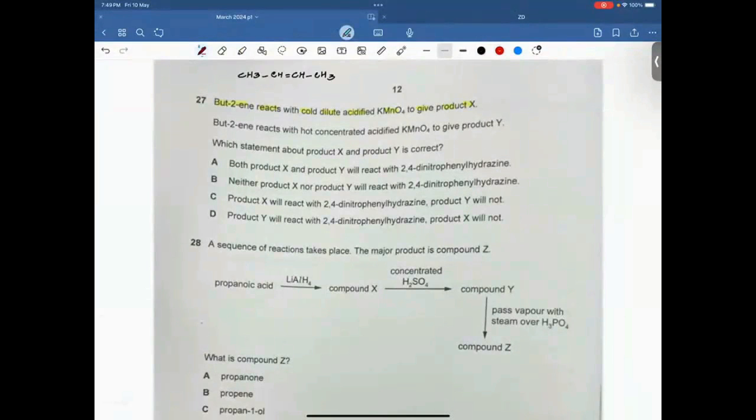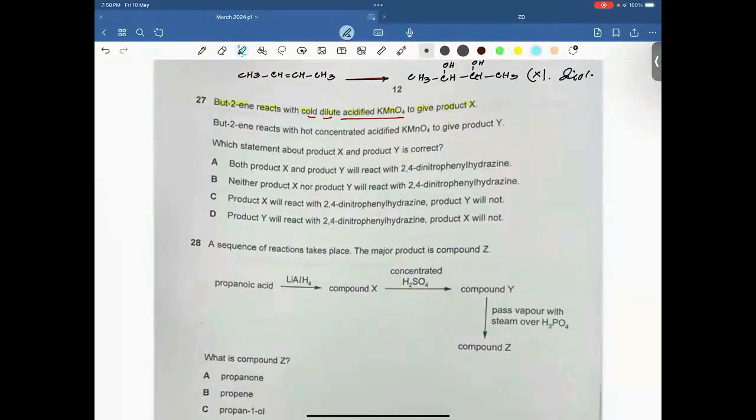And when you treat it with cold dilute acidified KMnO4, obviously you will get a diol. And that diol is basically product X. This is CHOH, this is CHOH, and this is CH3. That's your product X, and that's your diol.